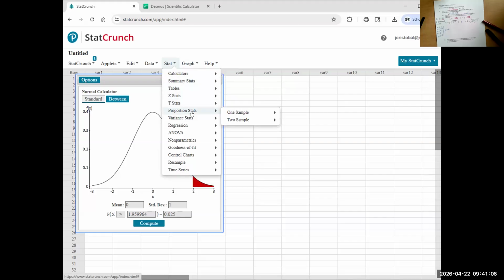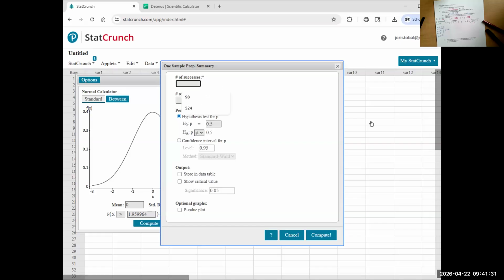So looking under that Stat menu, Proportion Stats, we only have one sample that we're working on. In the future, we can talk about comparing two different samples, but we have one sample and we have this summary, right? We have how many values in our sample have that value. We don't have the raw data. We don't have that list of 104 people. We just have that summary, so one sample with summary.